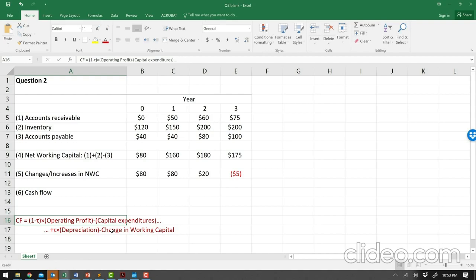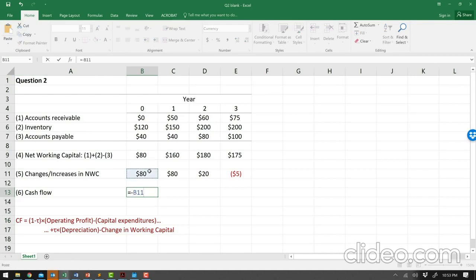Therefore, the cash flow will be of the opposite sign from increases in net working capital. So in year 0, cash flow is going to be equal to negative $80,000. In year 1, it will also equal negative $80,000. In year 2, it will equal negative $20,000. And in year 3, it's going to equal positive $5,000.